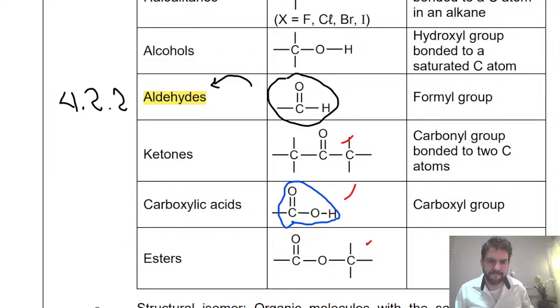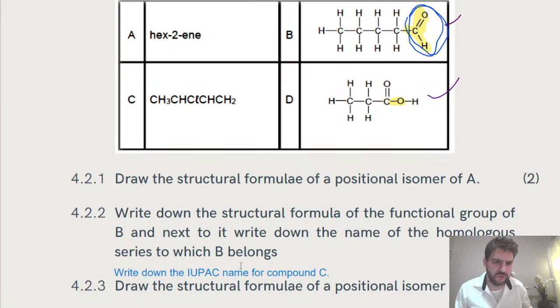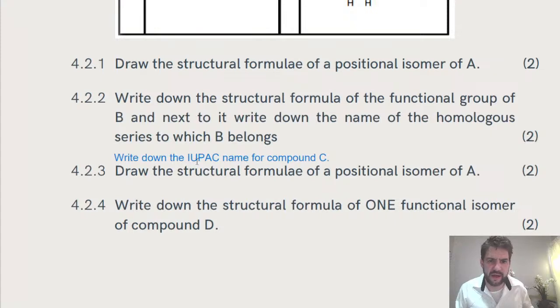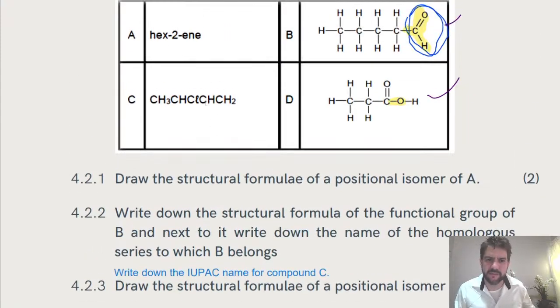Now the next question is question 4.2.3. They say write down the IUPAC name of compound C. It's good because I did ask you to go through, but we have to answer them just now. Let me just clean here so we can write the name of that compound. Let me just write the compound here.